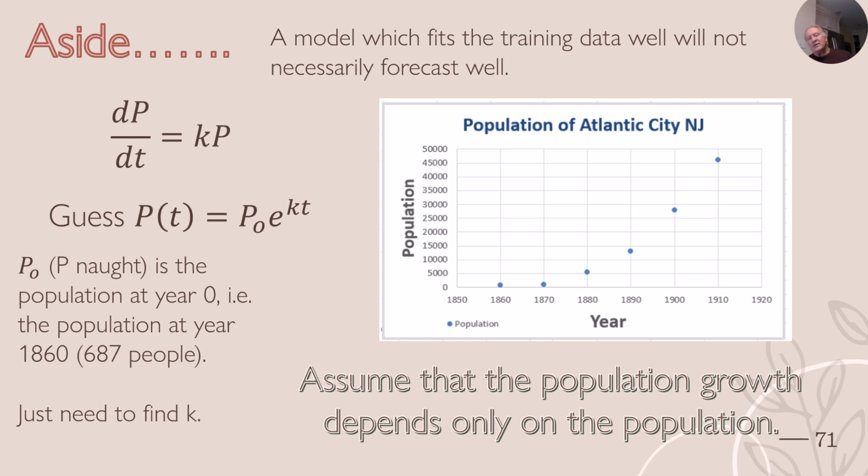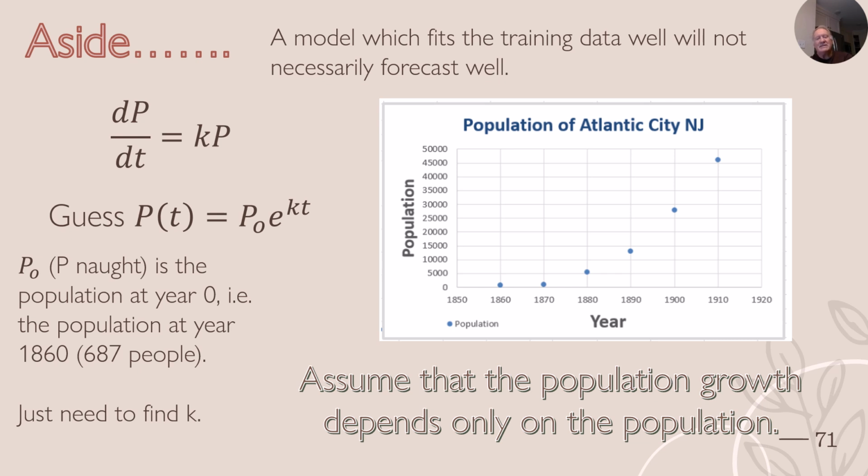So in differential equations, we can say that the time rate of change, dP/dt, of the population, where P is the population, is just equal to some constant times the population. So the model I'm going to use to fit this data will just be the initial population times e to the kt.